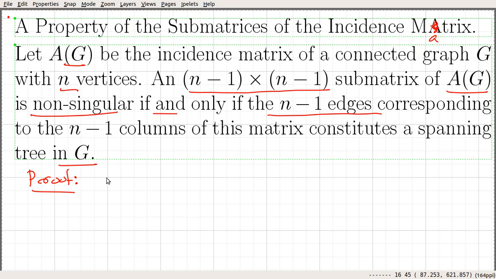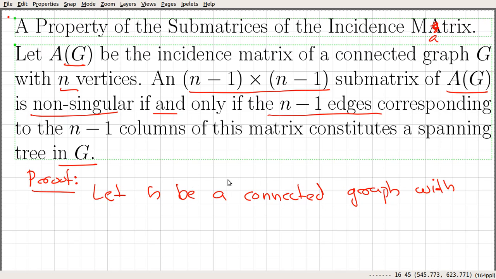So let G be a connected graph with n vertices and m edges. Since G is connected, the number of edges is greater than or equal to n minus 1.